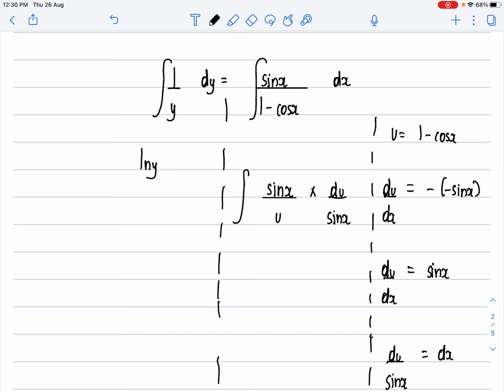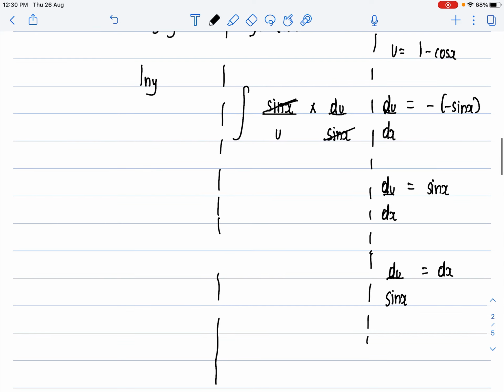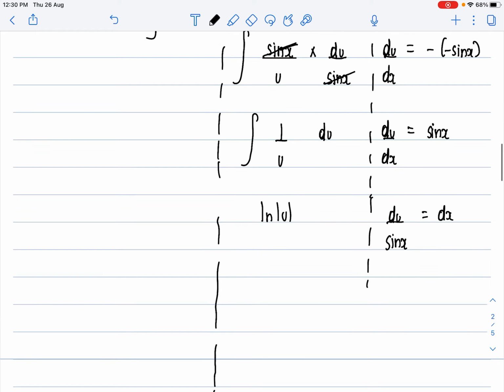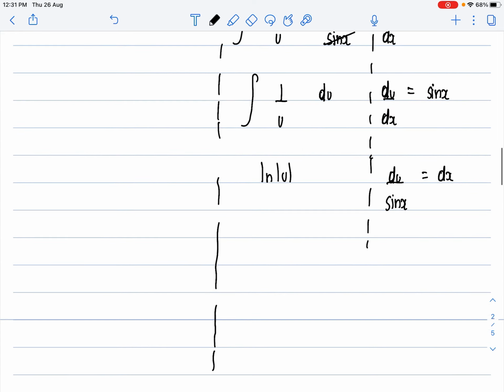Now sin x and sin x cancel, so I get the integration of 1 over u du. What is the integration of 1 over u? Simply ln u. Now in the place of u, I substitute 1 minus cos x, and there's obviously a plus c here.